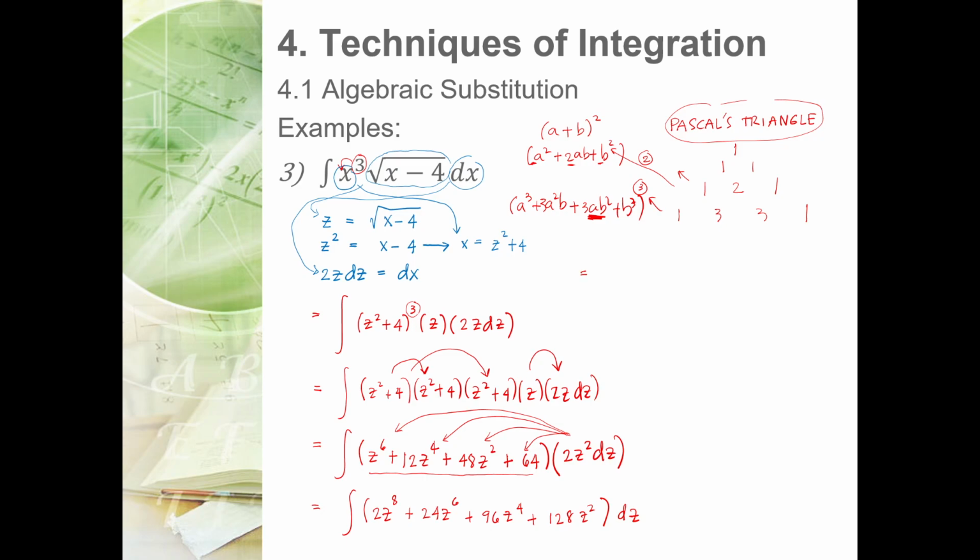So this gives us 2z to the power of 9 over 9 plus 24z to the power of 7 over 7 plus 96z to the power of 5 over 5 plus 128z cubed over 3 plus c. This answer is quite long because you still have to replace the z with this term.